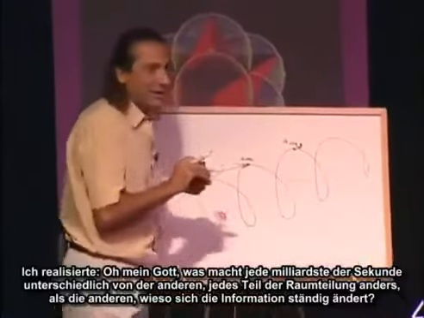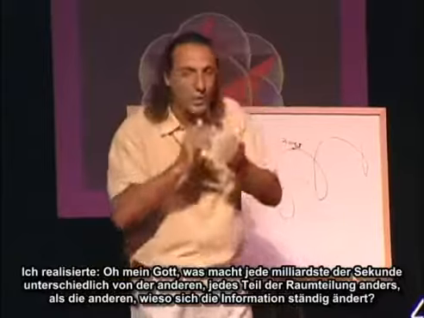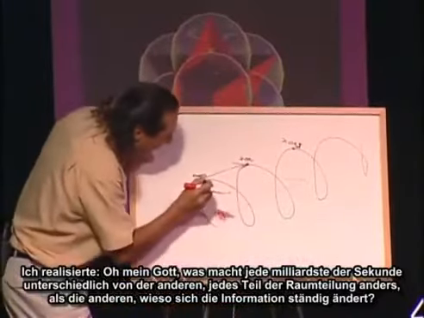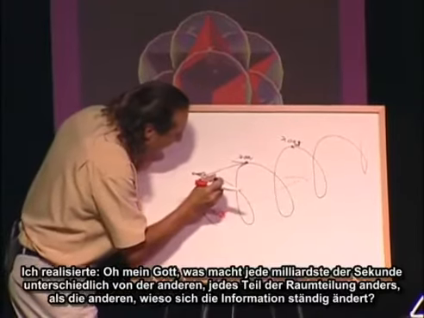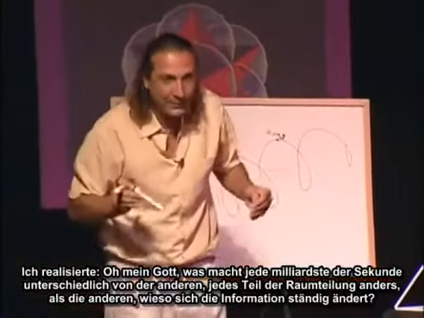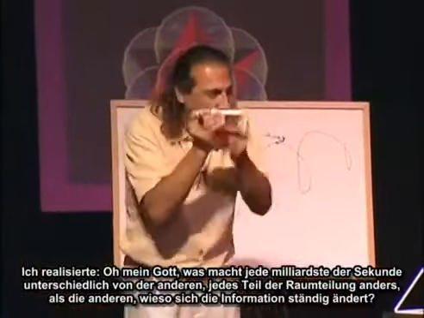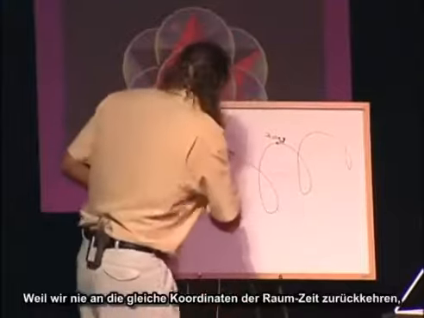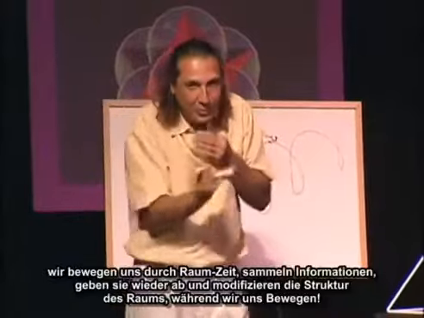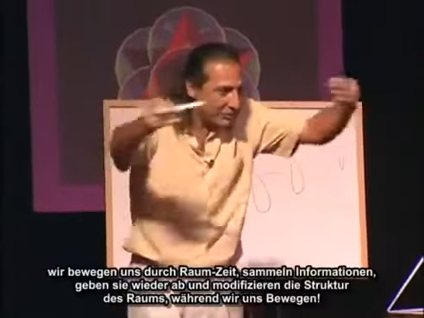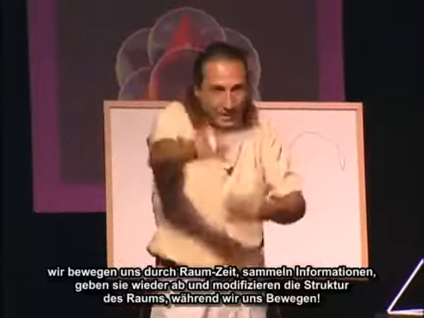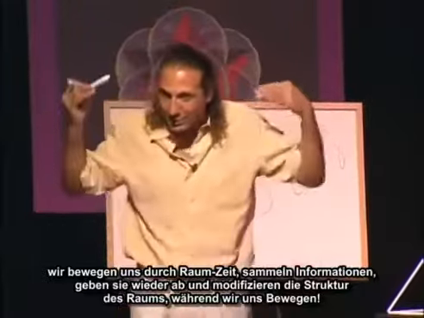And so it hit me in my head, oh my God, what makes every second, every billionth of a second different from the other, every part of the division of space-time different from the other, and why is information changing? It is because we are never moving back onto the same coordinates of space-time. We're moving through space-time, gathering information through the system and feeding it back and modifying the structure of space as we move through it.